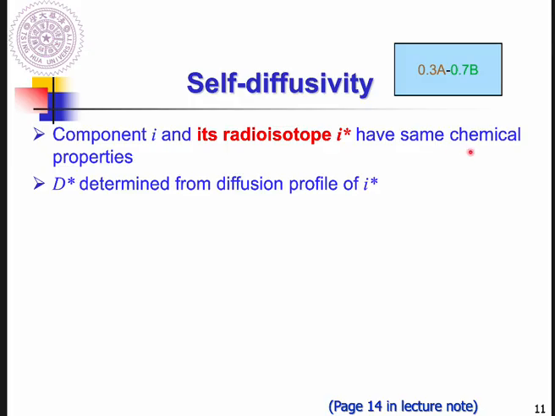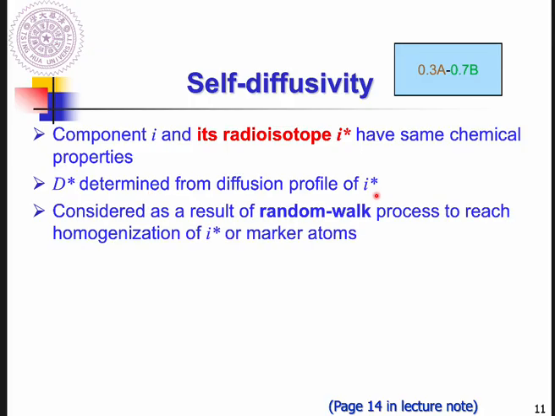This I star will have the same chemical properties as I, and D_I is determined from the diffusion profile of I star. So you can consider that a result of a random walk process to reach the homogenization of I star with I.